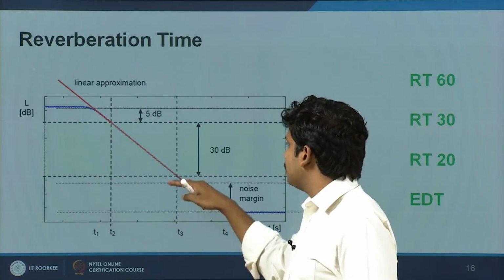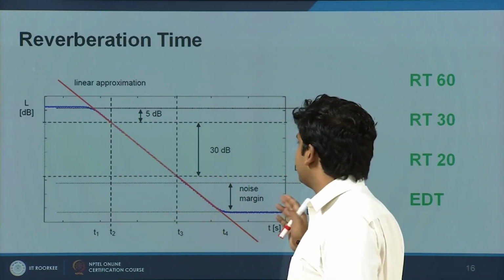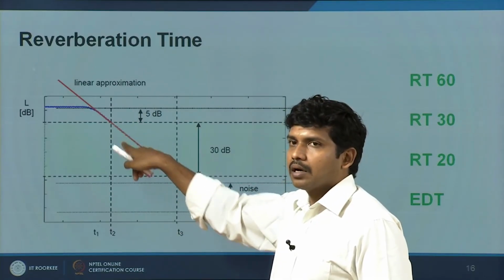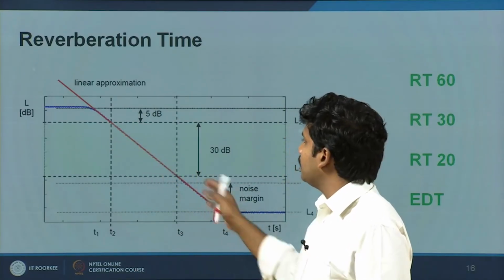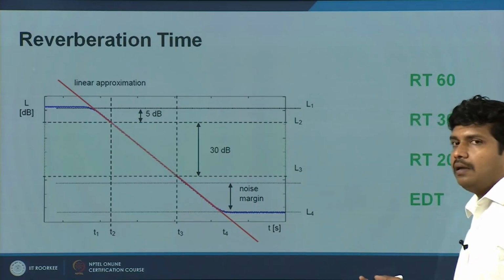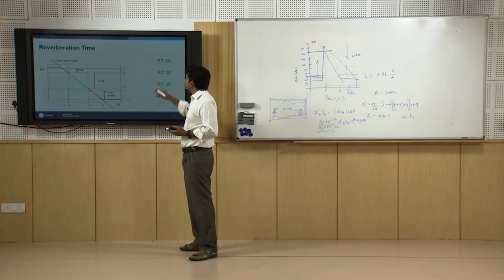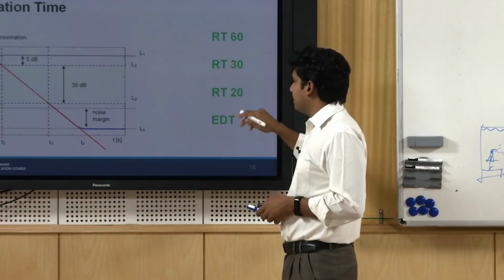You have T3, this is your threshold, then you leave the noise margin. This is a better prediction rather than counting a very huge slope and then calculating it. So RT30 is the most commonly used indicator, measurable directly in the field, apart from laboratory conditions where RT60 is quite possible. It is not that it is not possible, but RT30 is more practical for field application.